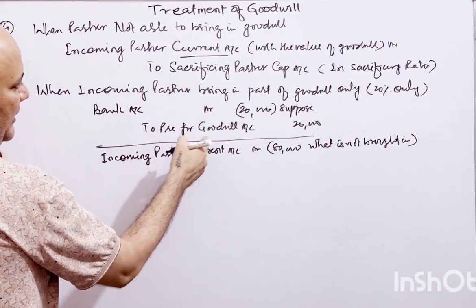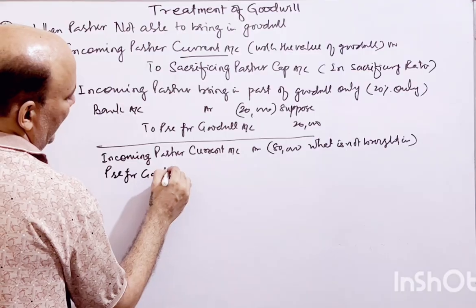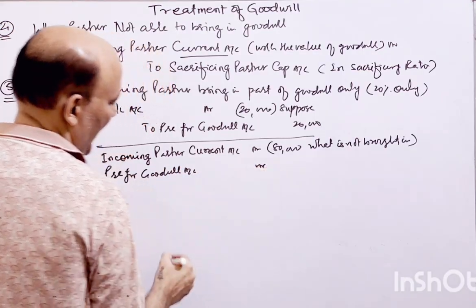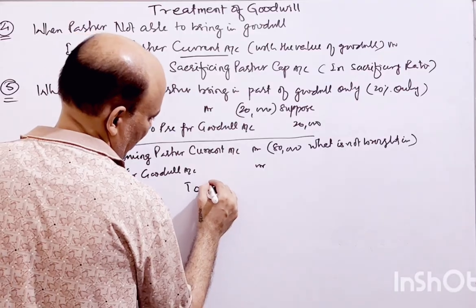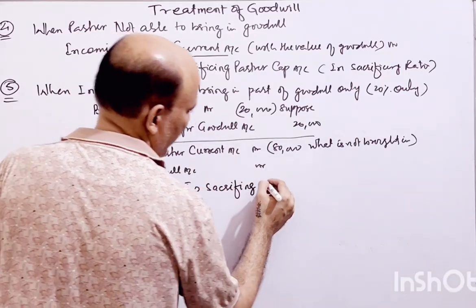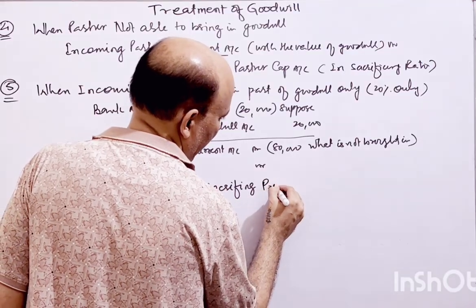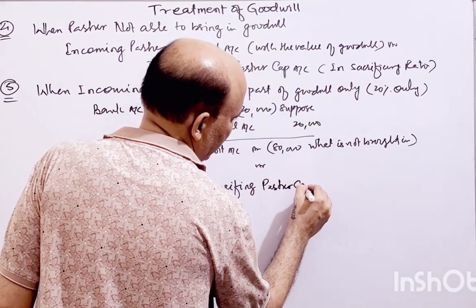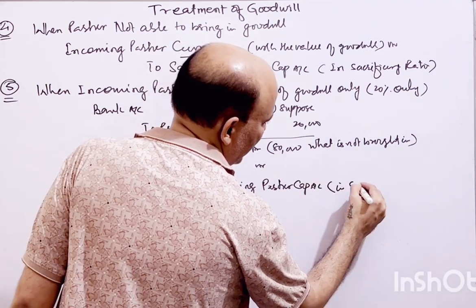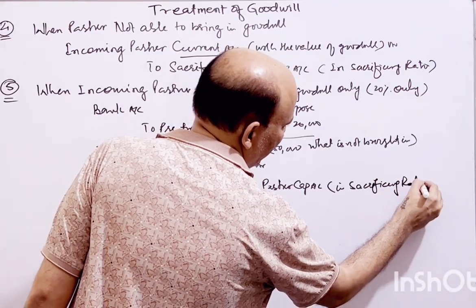And this premium for goodwill will be debited and distributed to the sacrificing partners. So here the sacrificing partners' capital accounts will be credited in the sacrificing ratio.